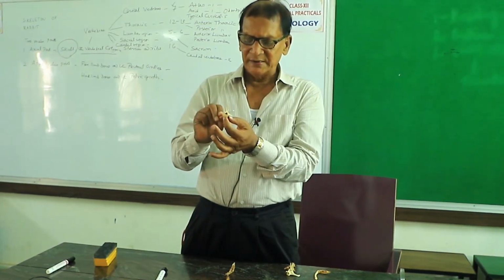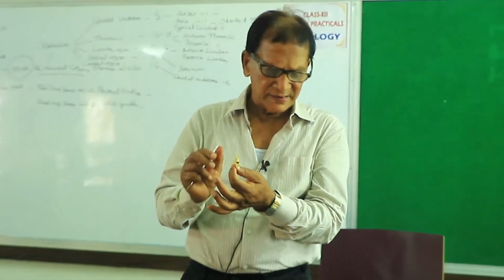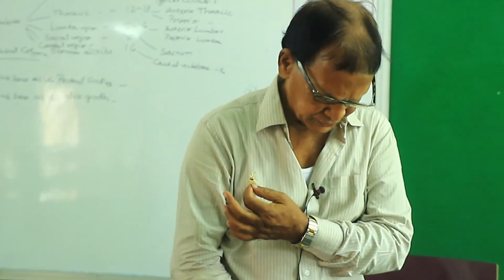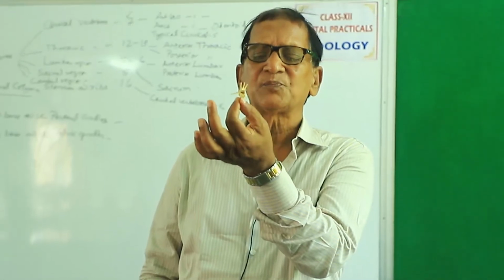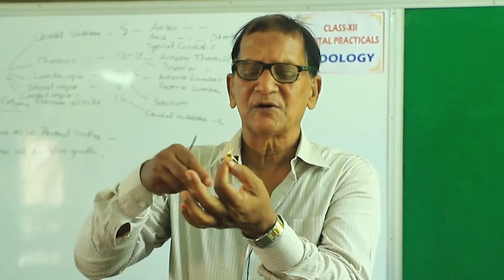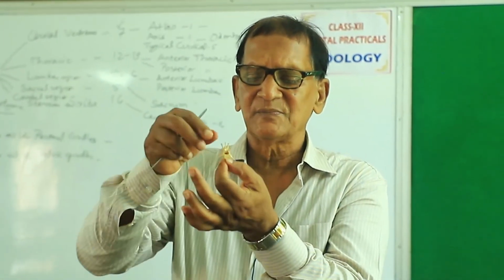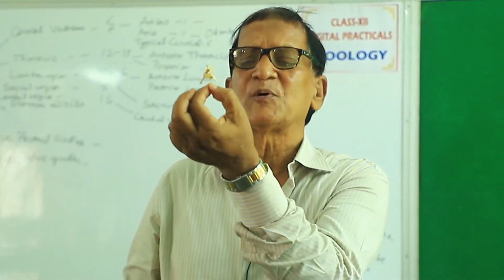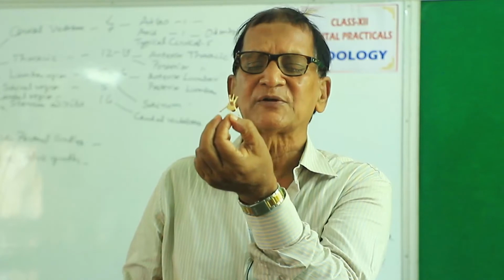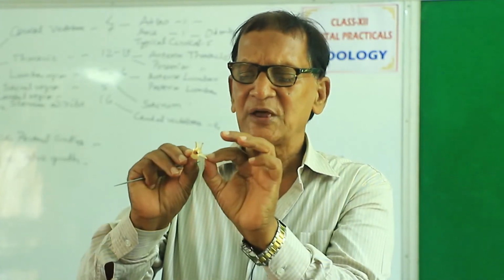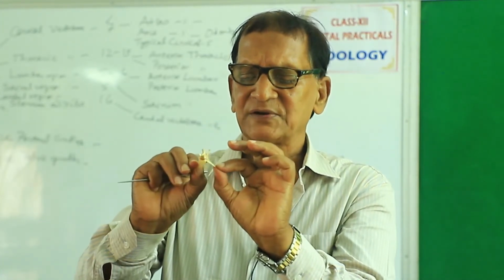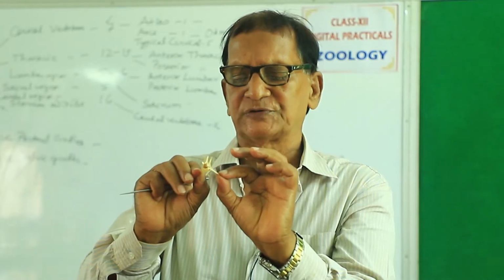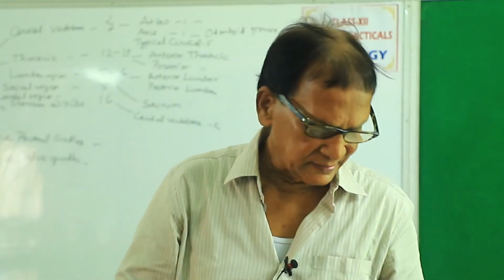Now, anterior lumbar is easily identified from the posterior lumbar by another spine-like process given off from the centrum, that is called hypophysis. So this is that hypophysis by which I am holding the vertebra. On the sides, we have again a pair of flat transverse processes. So this is the anterior lumbar.